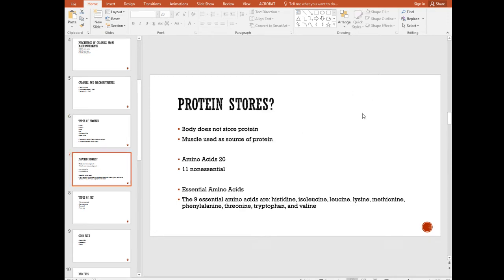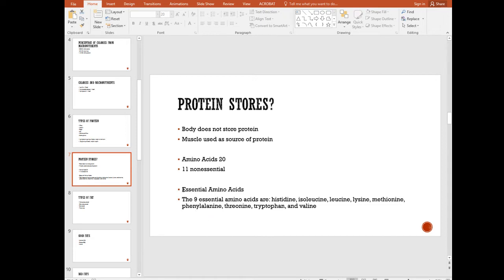So protein is not stored in the body. And if you don't take in enough protein, your muscle will be broken down and used as a protein source. So we have 20 amino acids. 11 of them are non-essential, meaning that our body can produce them. But then you have essential amino acids that must be taken in from an outside source.